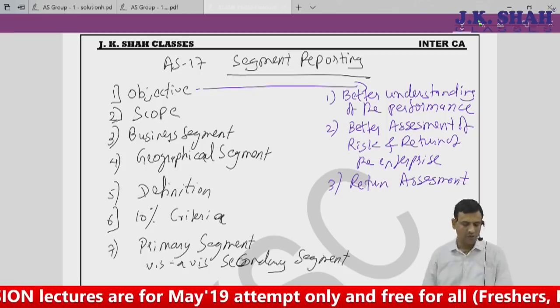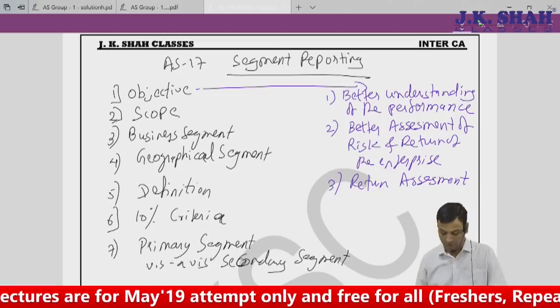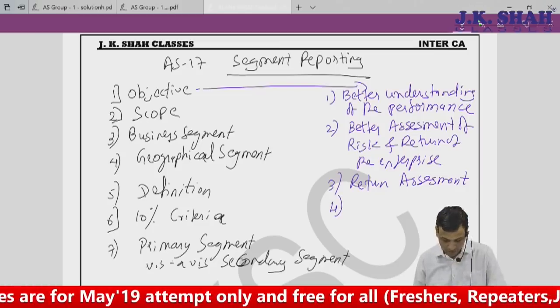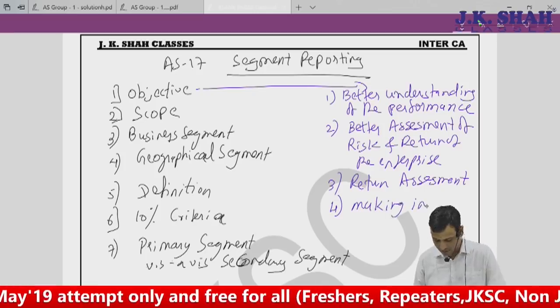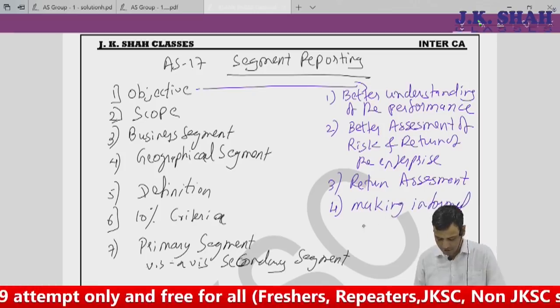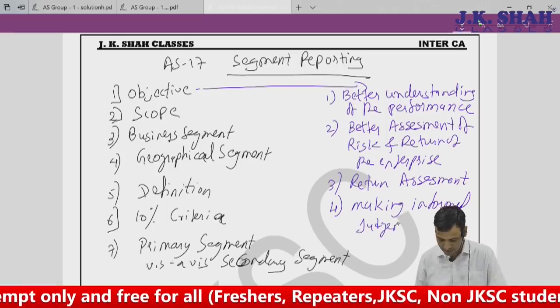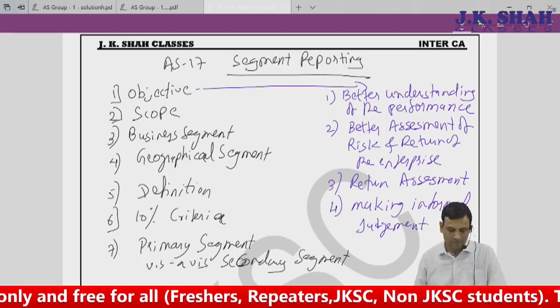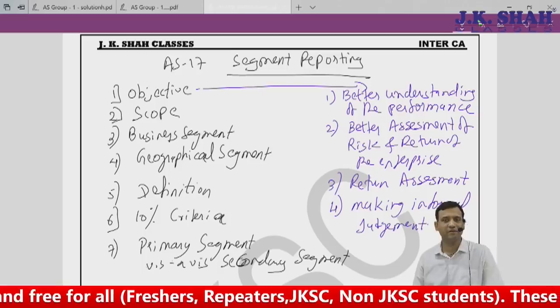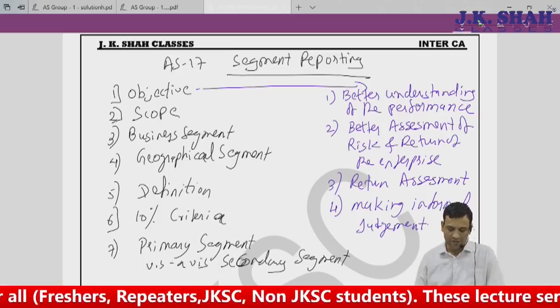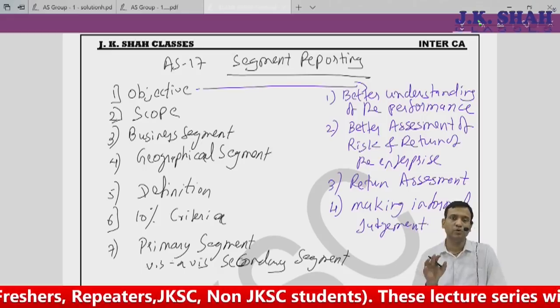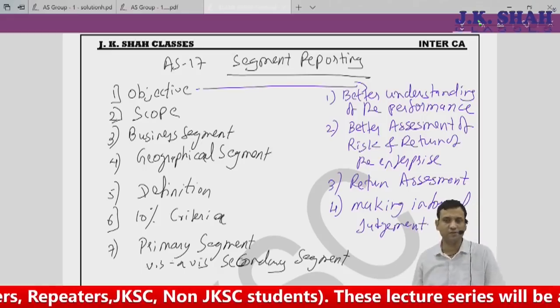Based on the risk, what is the quantum of returns I am getting? And the last, making more informed judgment. Should I continue with my investment or should I dispose of? I can get an idea by splitting up your performance.